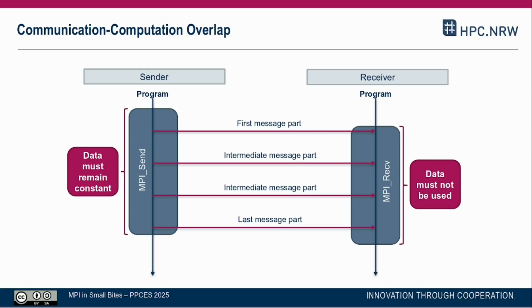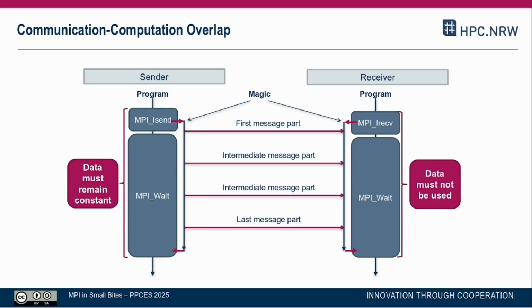If we look back to the sender-receiver example for a blocking send, this is an MPI blocking standard send, this is a blocking receive, and in between we're not allowed to use the buffer. Now on the sender side we have a call that's called MPI_Isend, and an MPI_Irecv. The prototypes you already saw. If you put a wait call directly after this, the semantics is exactly the same as if this had been the blocking send or the blocking receive.